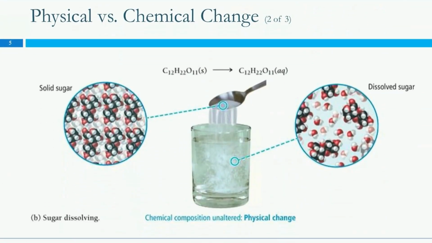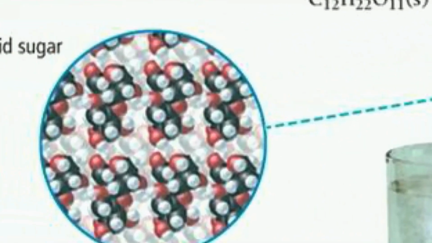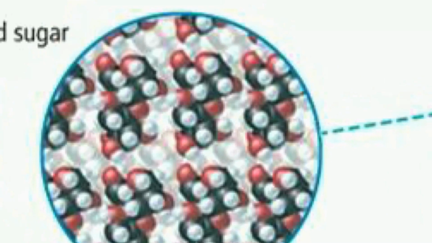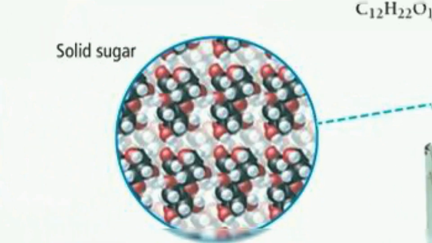Sugar dissolving is another physical change. So in the crystal structure, solid sugar, this can be harder to see. And it doesn't get much better when I zoom in because it's so pixely. So if you squint, it actually looks better. These sugar molecules in here, they're lined up and they form a crystal structure. But the bonds that hold them together are not true chemical bonds.